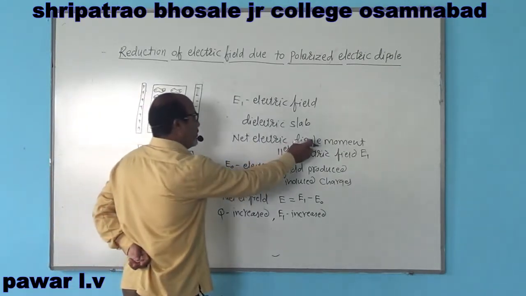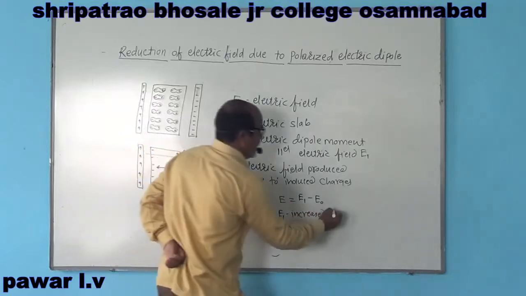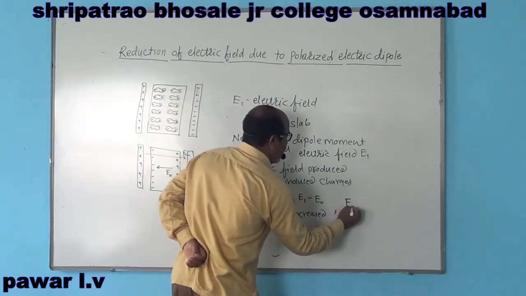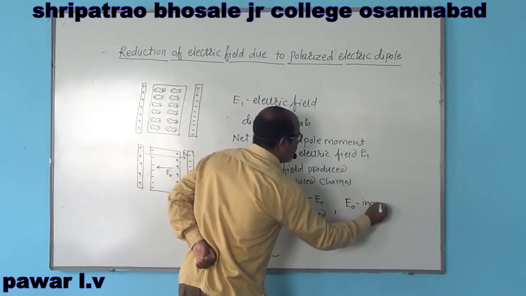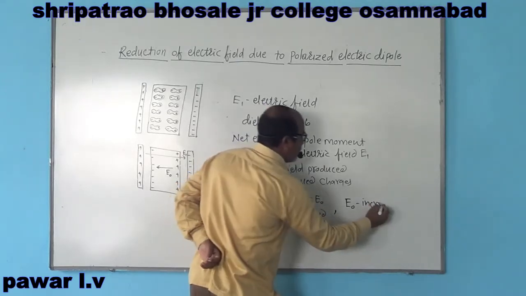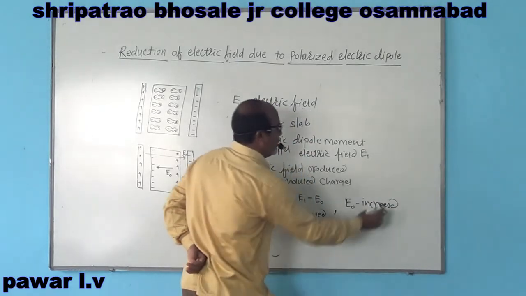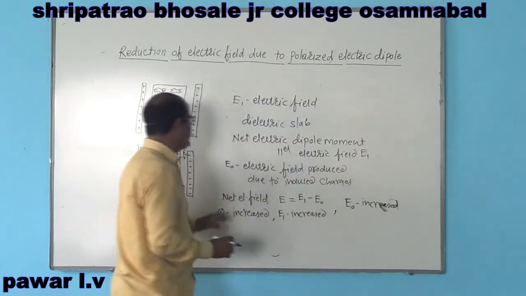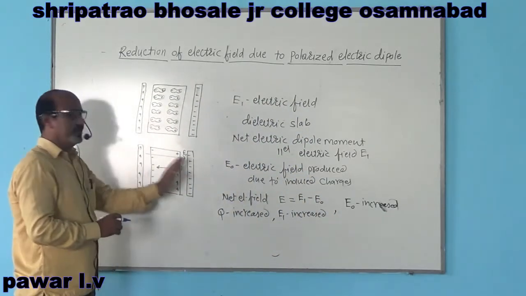Therefore, net electric dipole moment increases, and hence E0 also increases. So that more and more charge can be deposited on this plate.